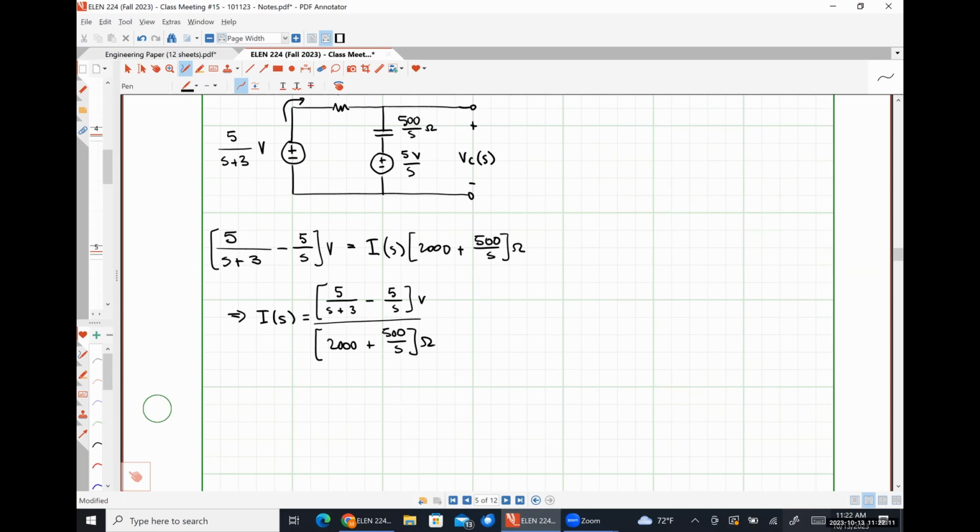Okay. So in my numerator, that's going to look like 5S minus 5 times S plus 3, divided by S plus 3. Once again, this thing has units of volts.